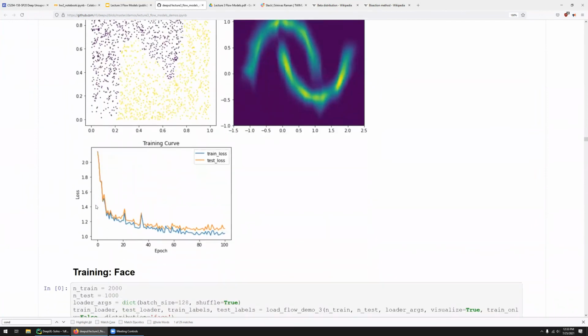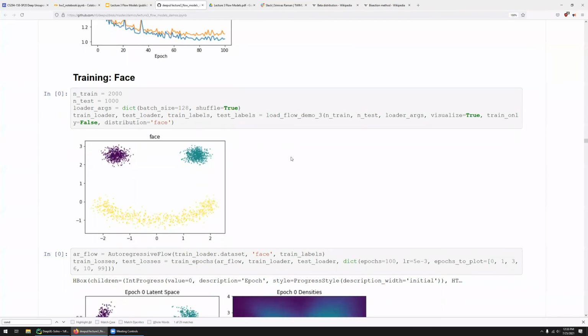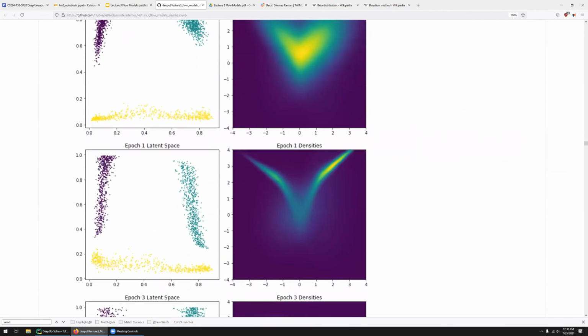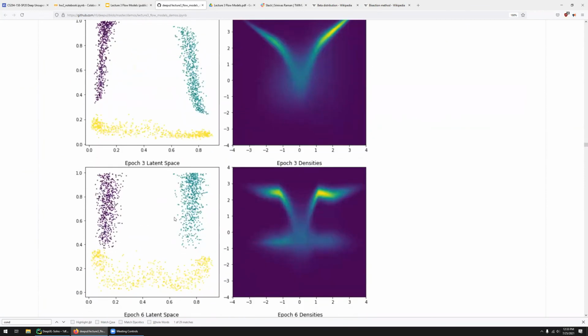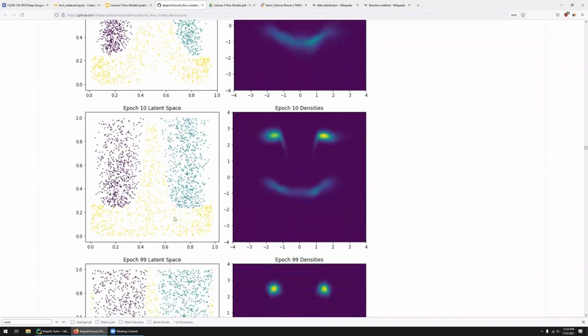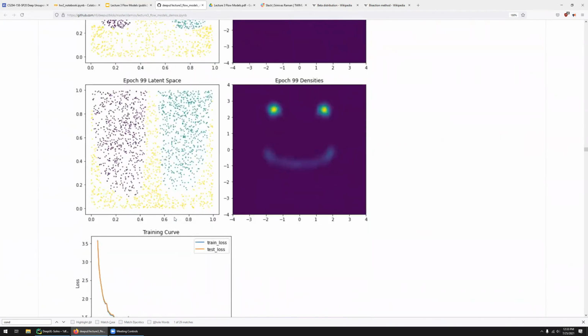Fascinating. And I think there's another one, the face one. So this is three different classes. The latent space is already pretty good. Oh, the second one got worse. It created this distribution.